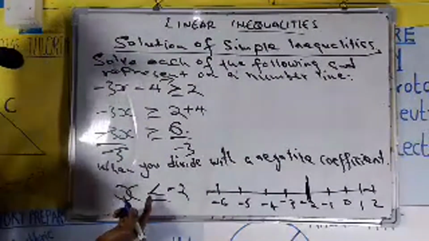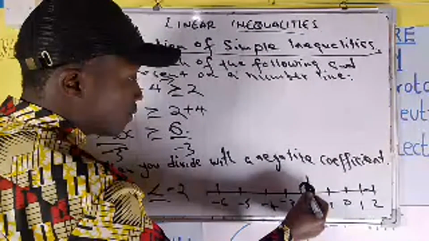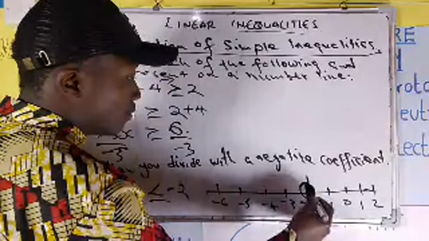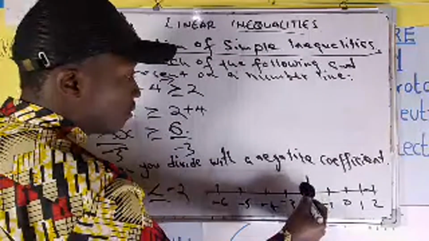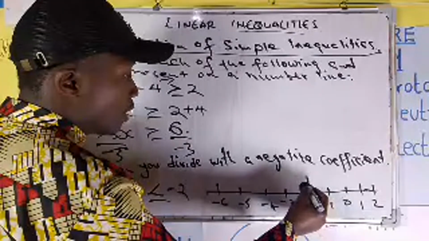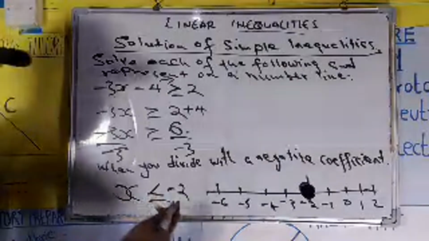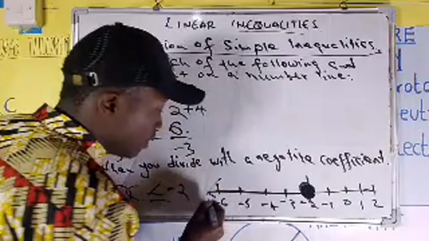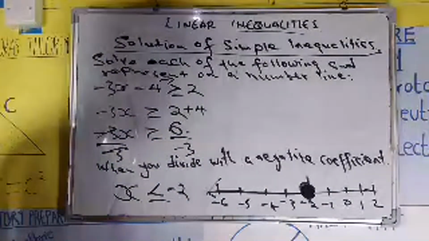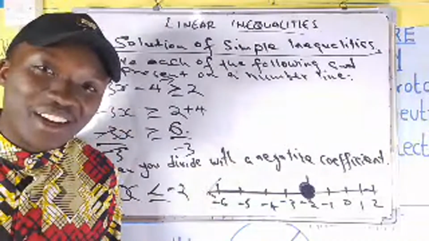Na juu sign ni less than or equal to, tuna circle na tuna shade. Alafu tunataka mahali x ni less than or equal to negative 2. Kwa hivyo tunataka hizi. This is what we are interested in.